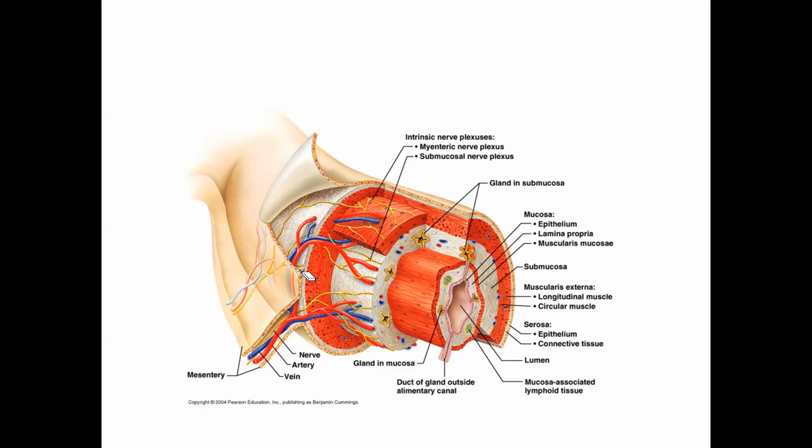Okay, so from inside, let's start from the deepest side. This pink layer of cells definitely is epithelial cells, a simple columnar epithelium. Let me enlarge this a little bit.